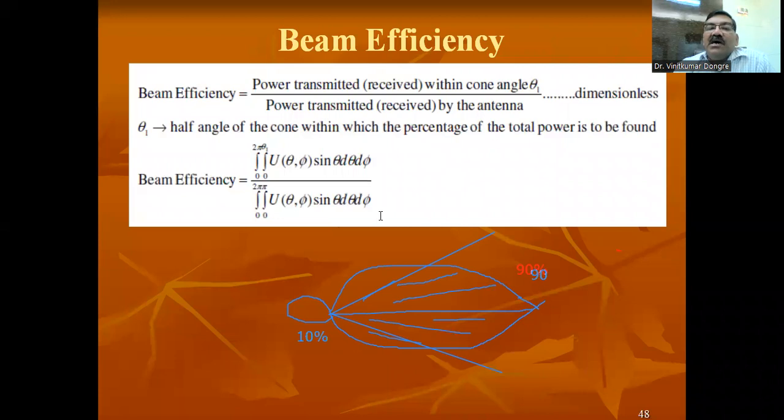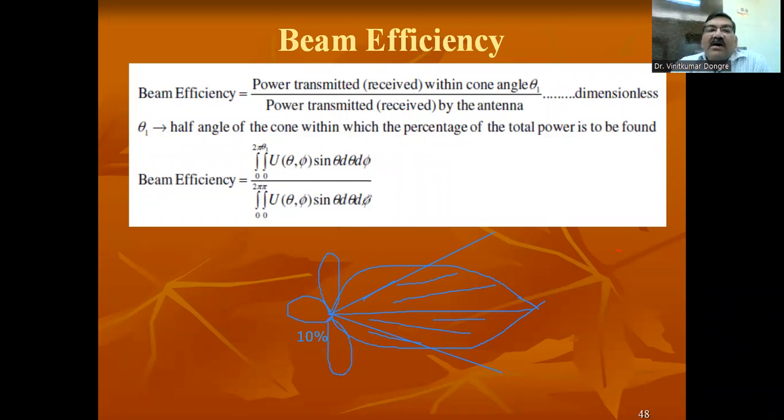I'll take another example. Again this 10% is there, but my antenna also has some side lobes. This is side lobe 1 and this is side lobe 2. Two side lobes are there.